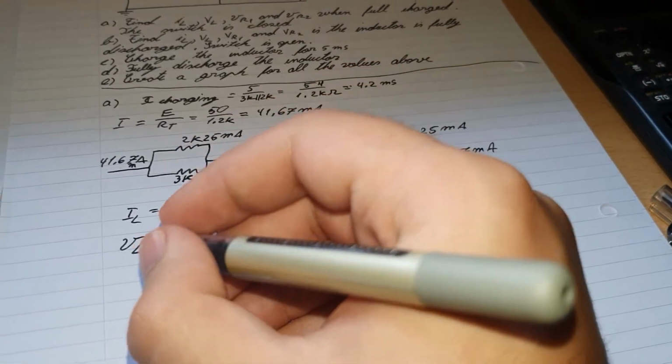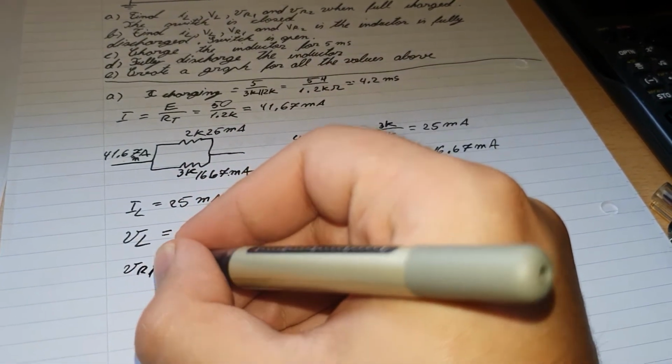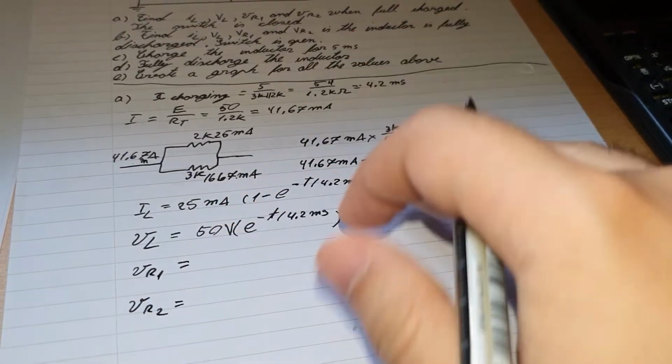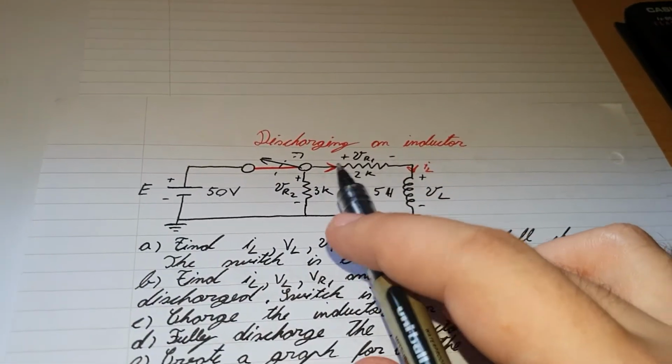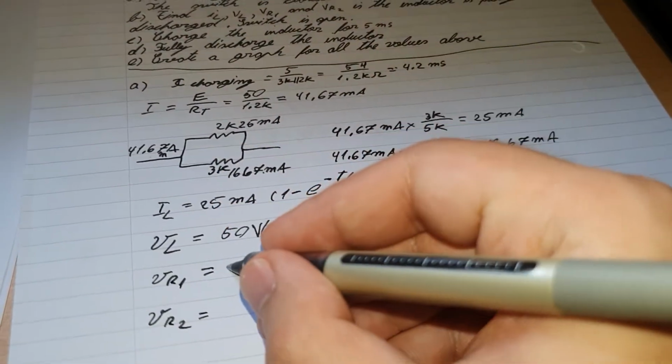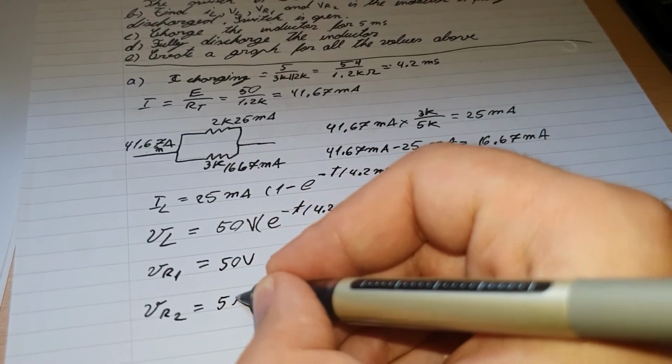Okay, now let's calculate VR1 and VR2. And honestly, this is very simple because yes, VR1 and VR2, they both are 50 volts as well. So 50 volts and 50 volts.